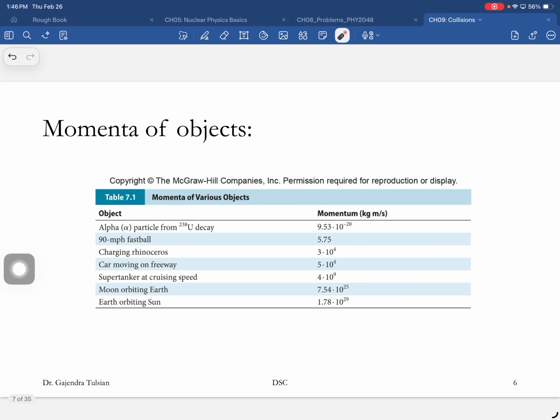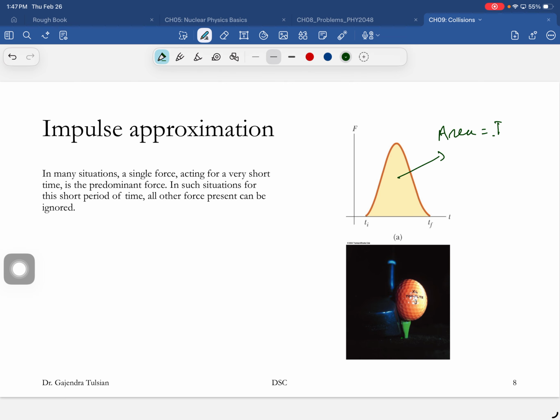The area under this curve, the force as a function of time, is called the impulse of the force. Impulse is denoted by I or J depending on the textbook you're using, and it equals the final momentum minus the initial momentum. We'll show that in a second.